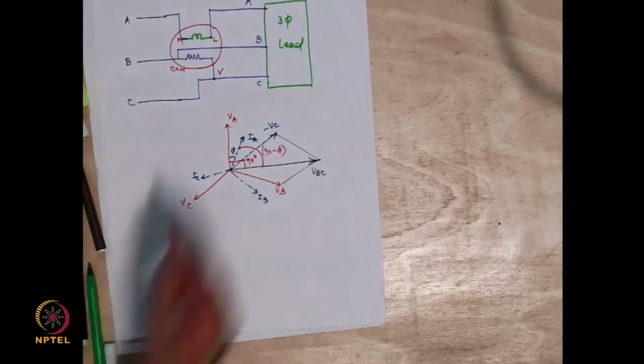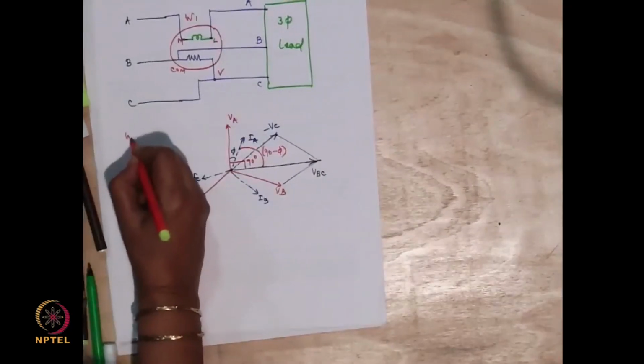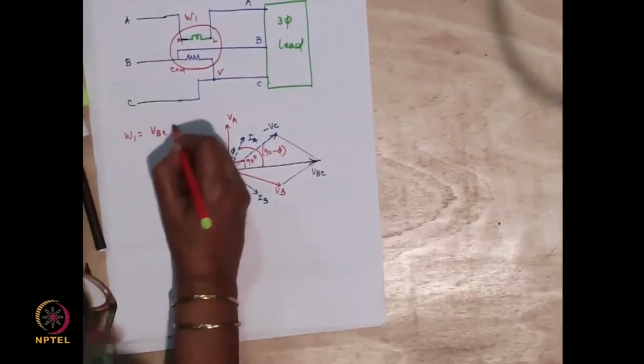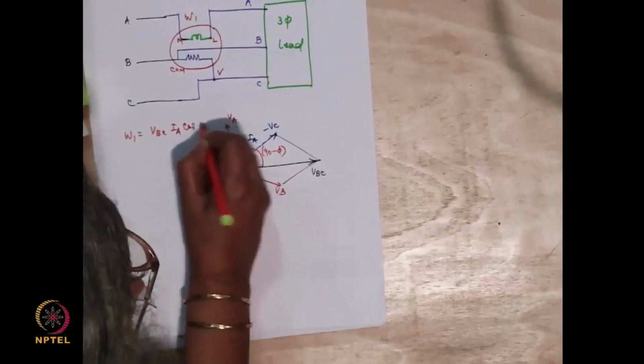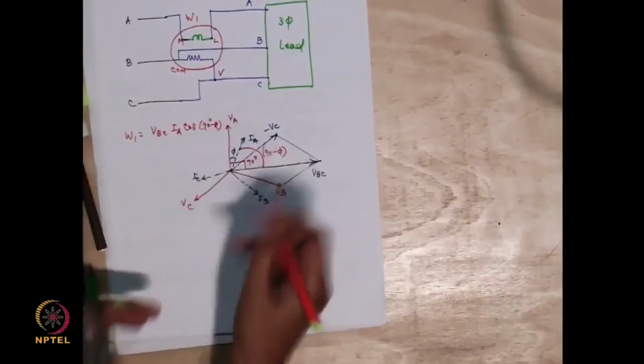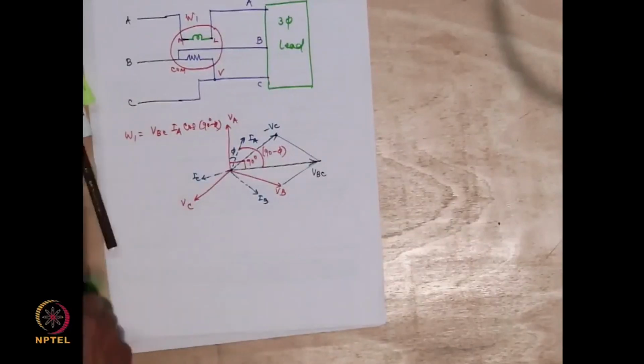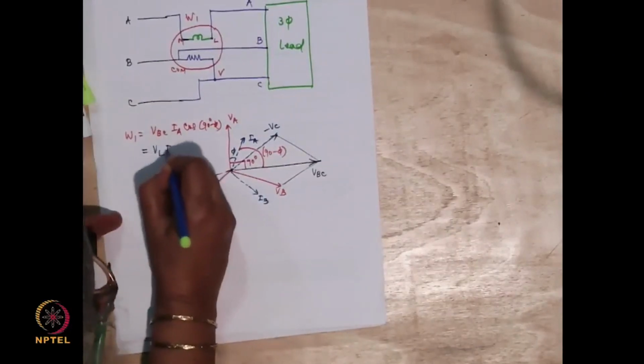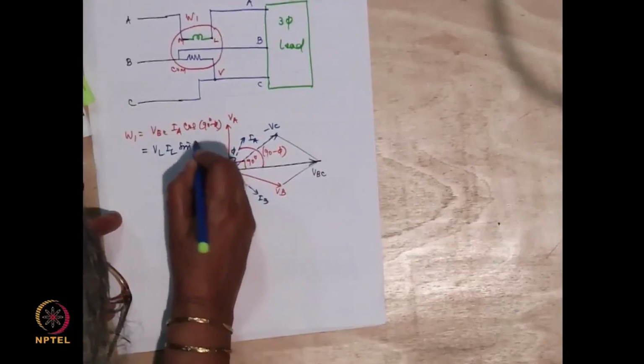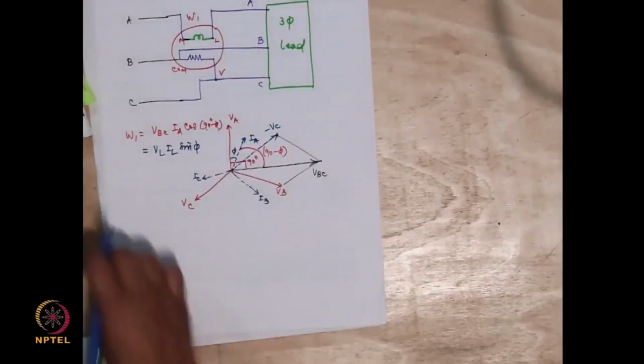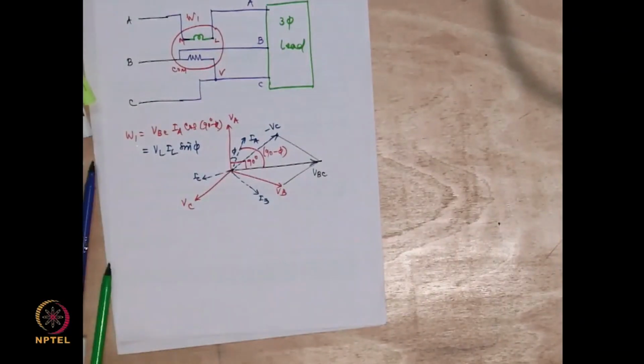So if I call this W1, W1 will be equal to VBC multiplied by IA multiplied by cos of 90 minus phi. So I can write this as VL IL sin phi. So what I get is not really the reactive power, it is 1 by root 3 times the reactive power. So whatever I get from the wattmeter reading, I have to multiply that by root 3. Then I'll get the overall reactive power of the system.